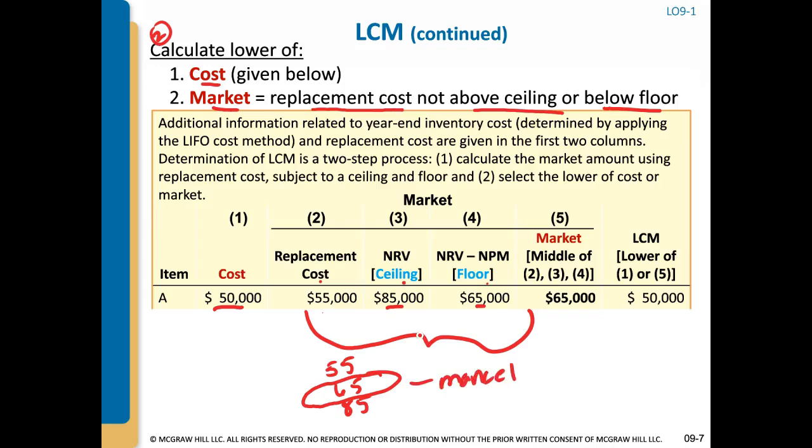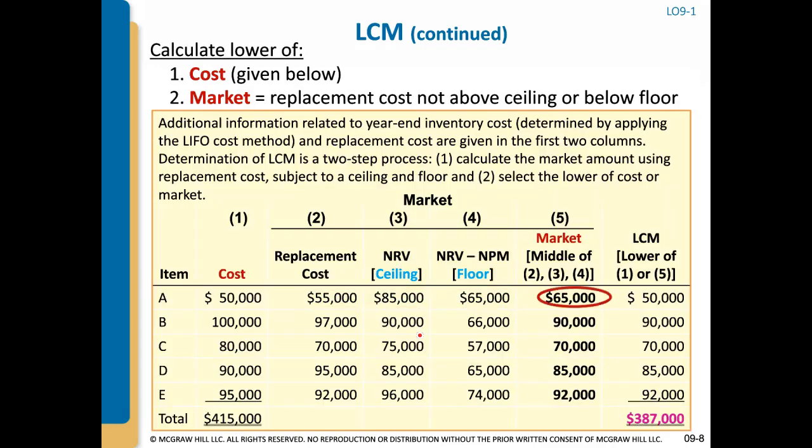Then you compare this versus the cost. So here we look at the cost of 50,000 versus 65, and we say which one is lower? Well, the 50,000 is lower, and that's how you calculate the lower of cost or market for an item of inventory.